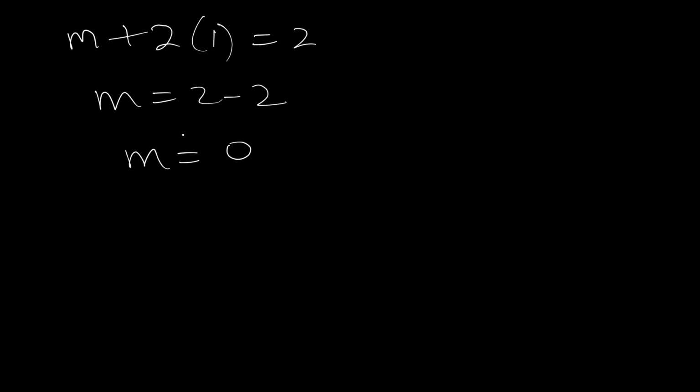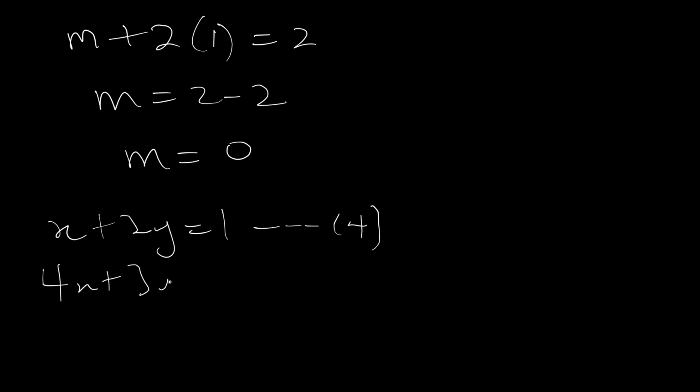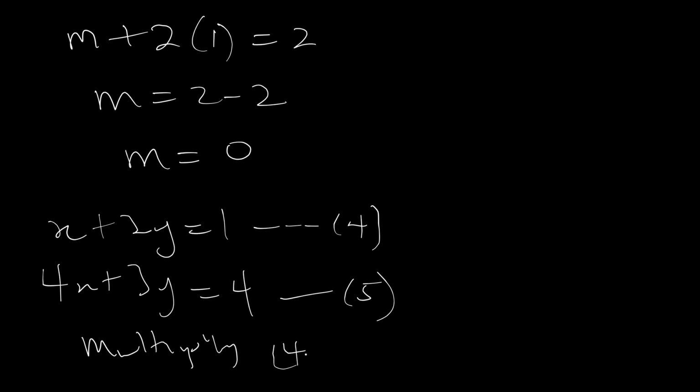So moving on to equation 3 and 4, we know that x plus 2y is equal to 1. And this is equation 3. 4x plus 3y is also equal to 4. And this equation 4. Now to find x and y, we use the method of elimination. And so we multiply equation 3 by 4.